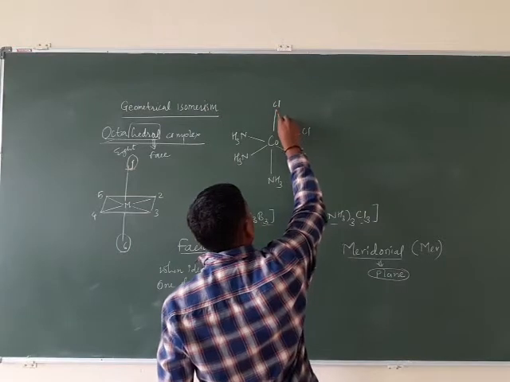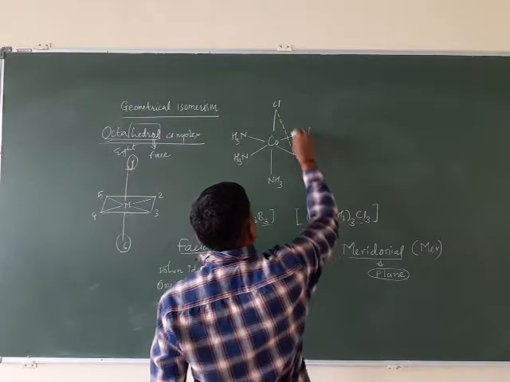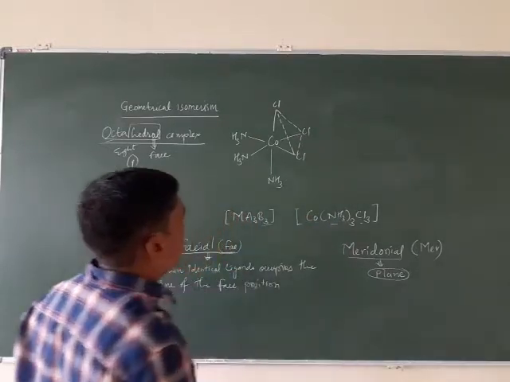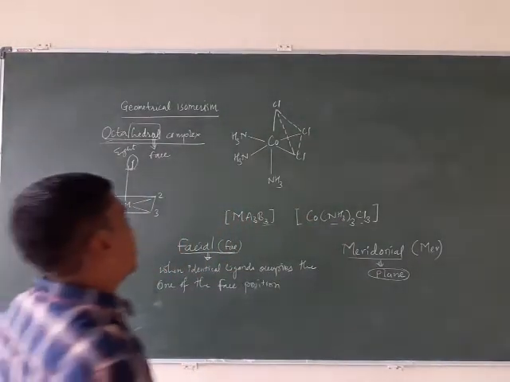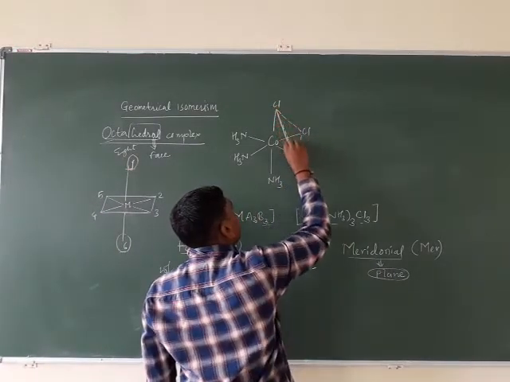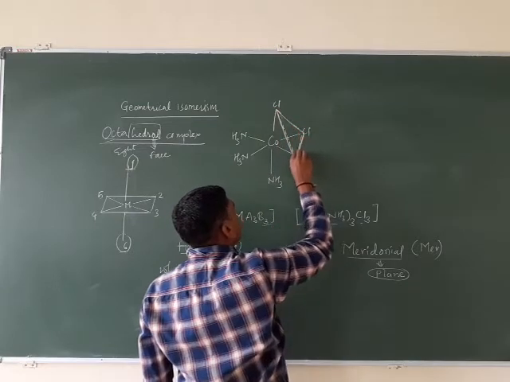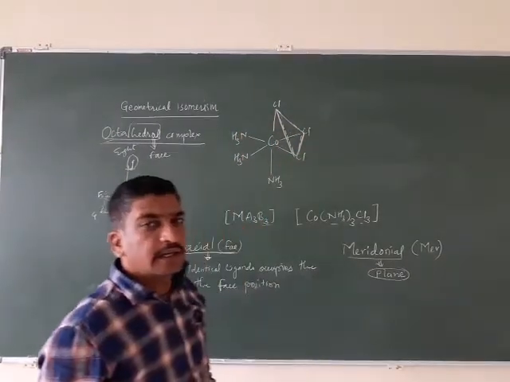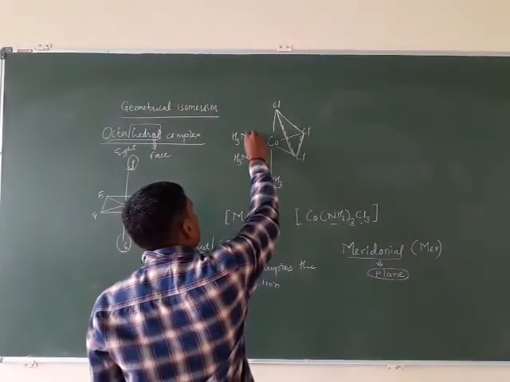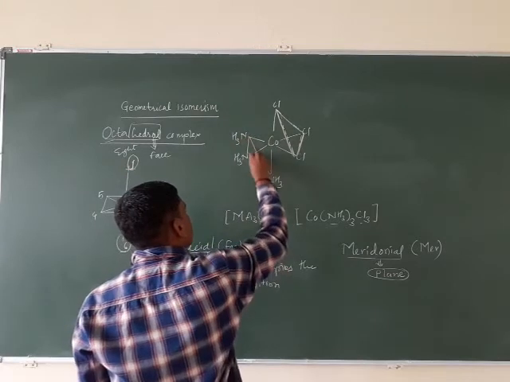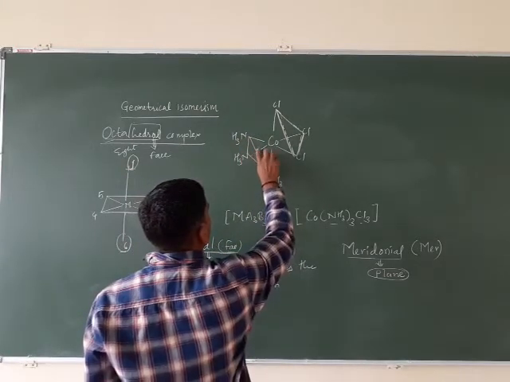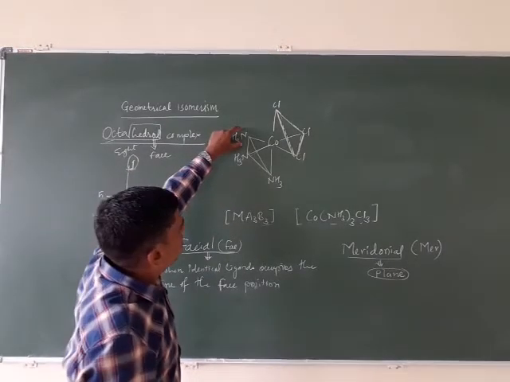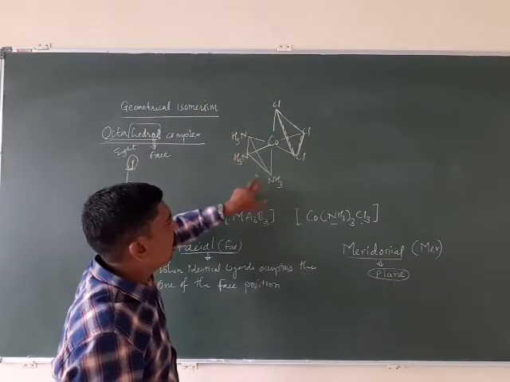If you connect these points of the octahedral geometry, then you will find that at the corner of the face there are identical ligands.